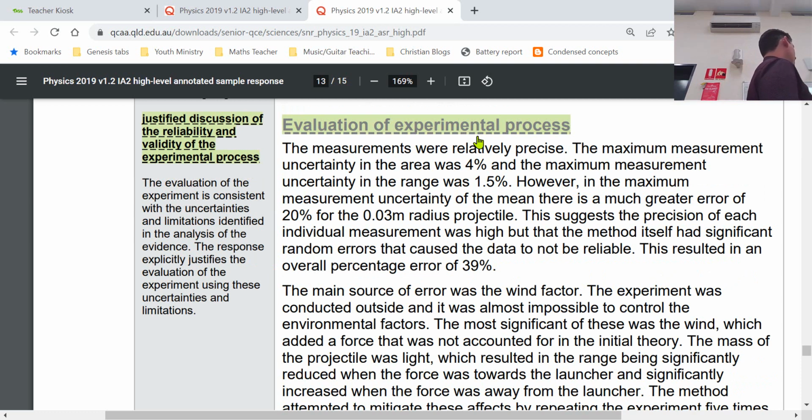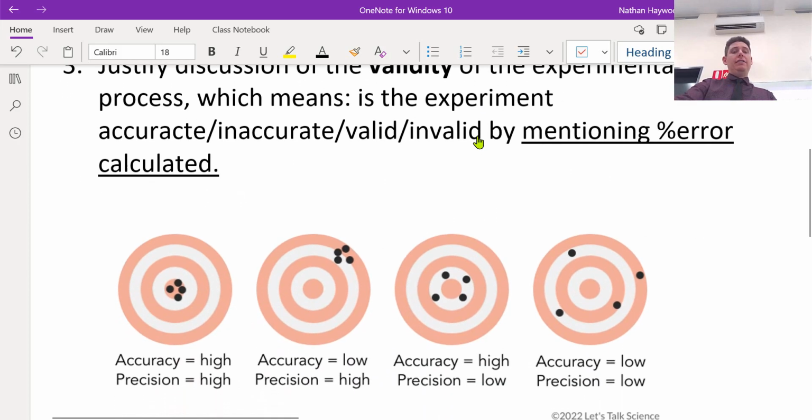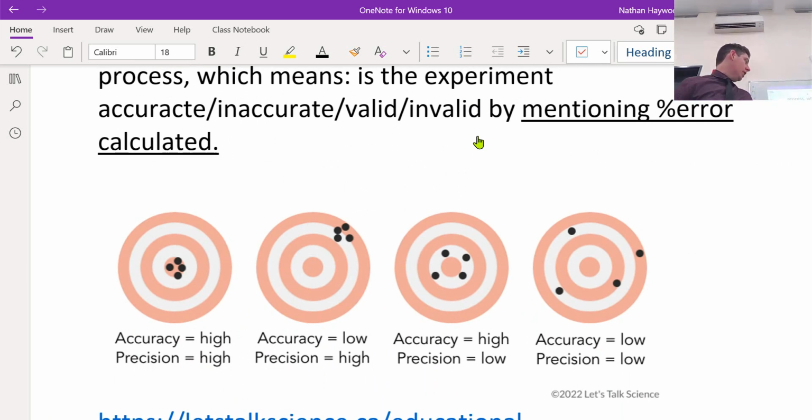So they also talk about, was it precise? So do you know the difference between precision and accuracy? Have you been taught this? So you hopefully have seen something like this before. So the target idea, if it's all in the middle, what you want, it's high accuracy, high precision.